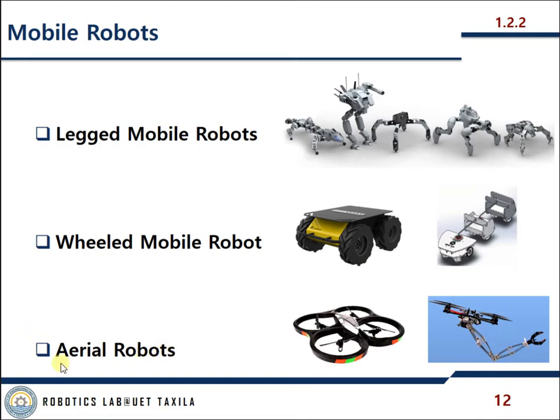Again, the aerial robots are a kind of mobile robot, basically wheeled mobile robots. The only difference is that these robots fly instead of simply rolling on the floor. The basic dynamic model of these robots is similar.